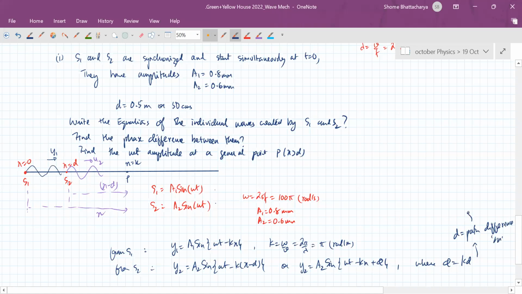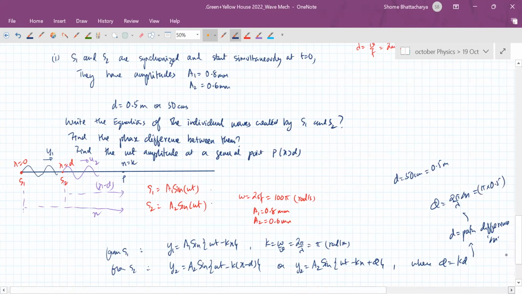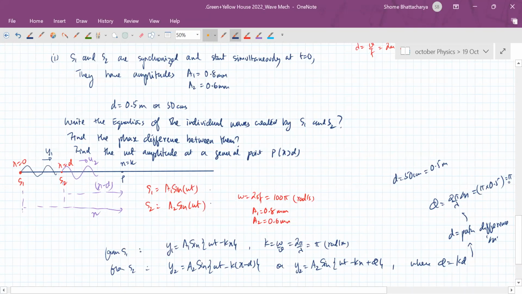The phase difference created by the path difference is 2 pi by lambda into delta x. So here it is pi into d, which was given to us as 50 centimeters. In this case, the phase difference becomes pi by 2. This is how in this question you are meant to understand logically how we calculate the phase difference in terms of path difference.